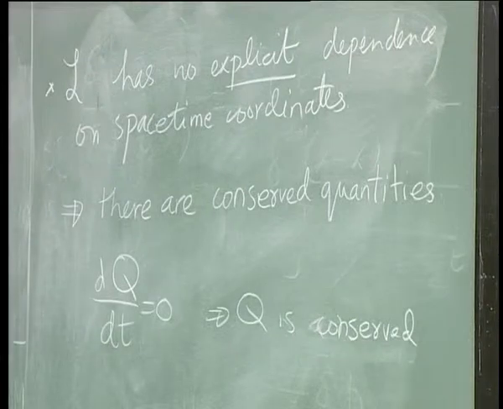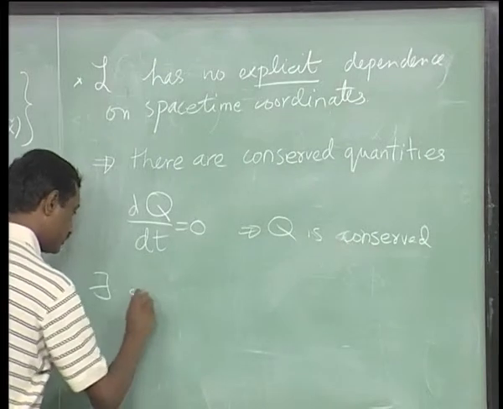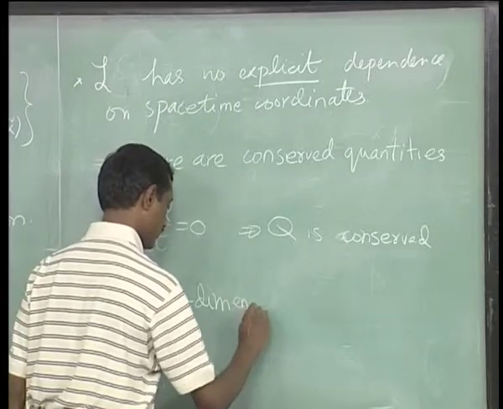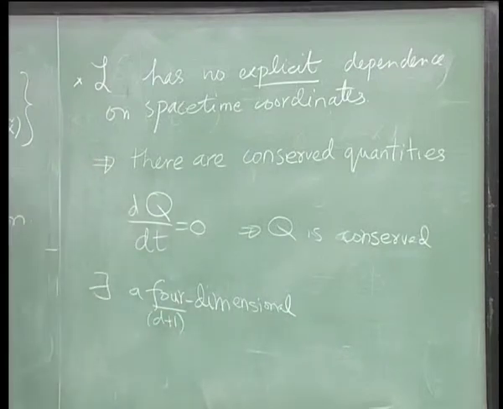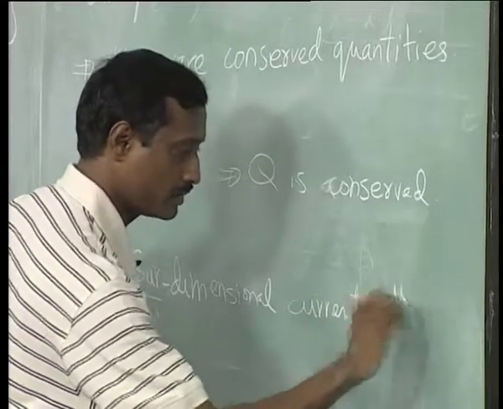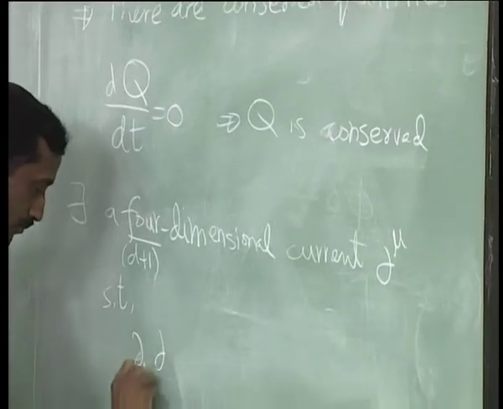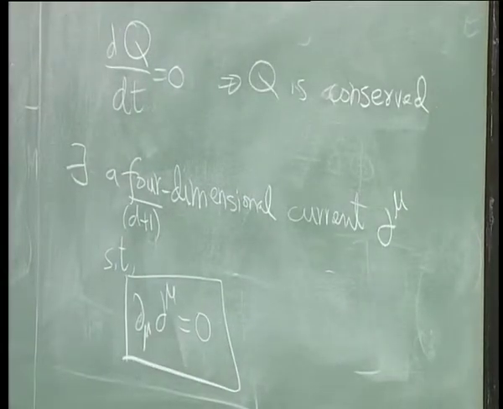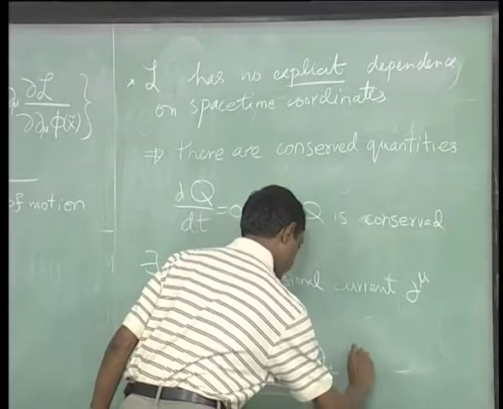What we are saying is that there exists a 4-current, if you are in 4-dimensional space-time, or to be more precise, a d plus 1 dimensional current j upper mu, such that, if I separate out the space and the time part, you would get something like this.